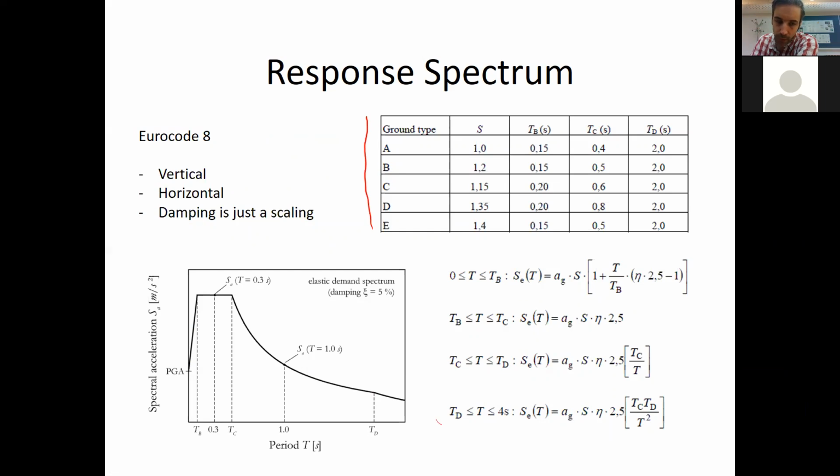But T is always the period of the structure, okay? It's the other constants that depend on the soil, all these constants that are here.